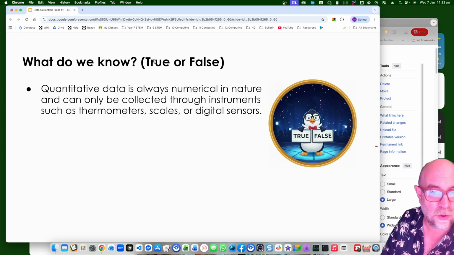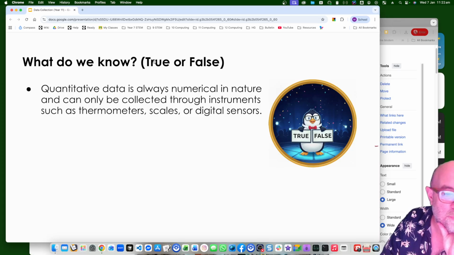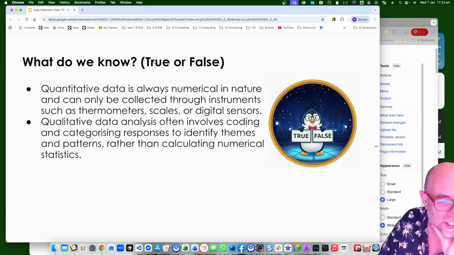Quantitative data is always numerical. So quant, numbers, is always numerical in nature and can only be collected through instruments such as thermostat scales or digital sensors. No, I don't think that's true. I mean, yes, it would be numerical, but it doesn't mean that it has to be collected by an instrument. That's just checking the answer sheet there.